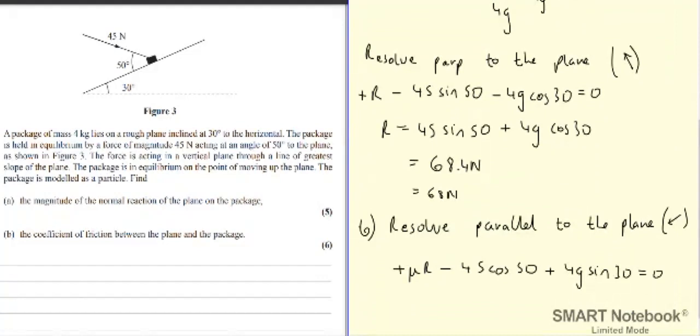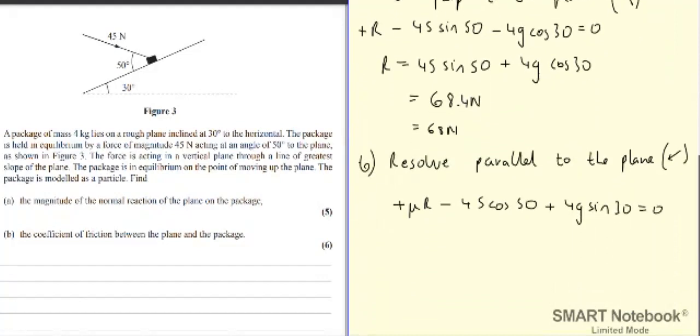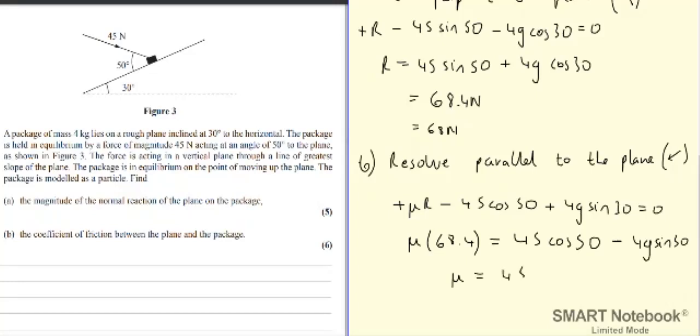Okay, now we know what R is, so we can use that now. We can say mu times 68.4 equals 45 cos 50 minus 4g sine 30. And so mu is going to equal 45 cos 50 minus 4g sine 30 all over 68.4.